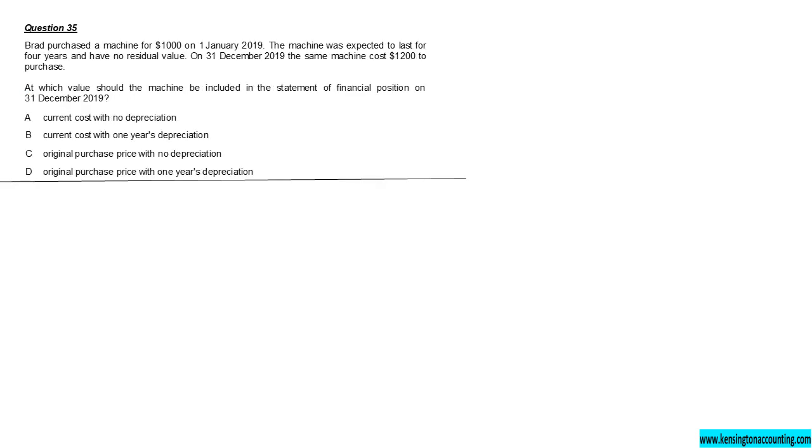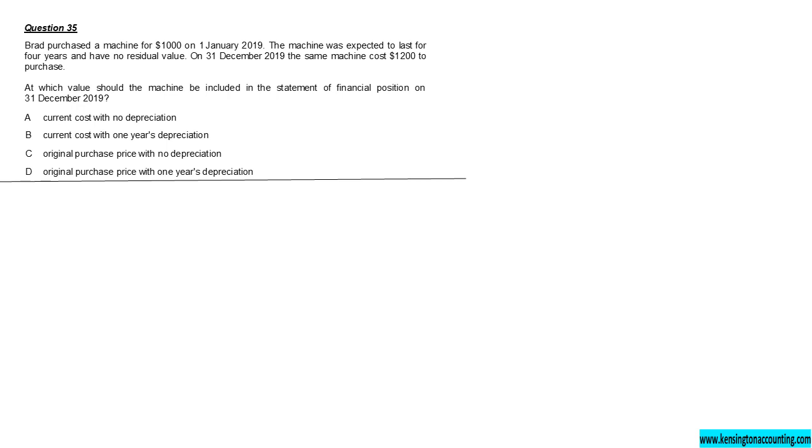Question 35, again, it's about accounting principles. So Brad purchased a machine for 1,000 on 1st of January. The machine is supposed to last for 4 years. At the end of the year, we have information that the replacement cost of that machine is 1,200 to purchase. The question is, at which value should the machine be included in the statement of financial position, also known as the balance sheet, at the end of the year?